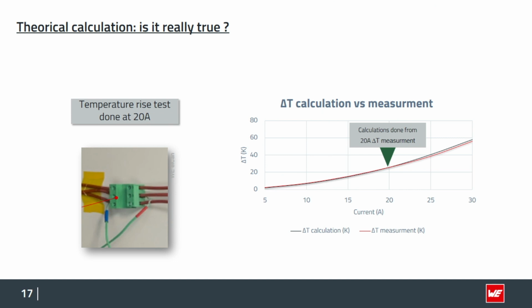The red line is exactly the measurement. So this is telling us that the calculation is pretty close to what we found out in the true measurement. And even the true measurement on the red line is a little bit below the black line, which was the theoretical calculation. So this also gives us a security margin.